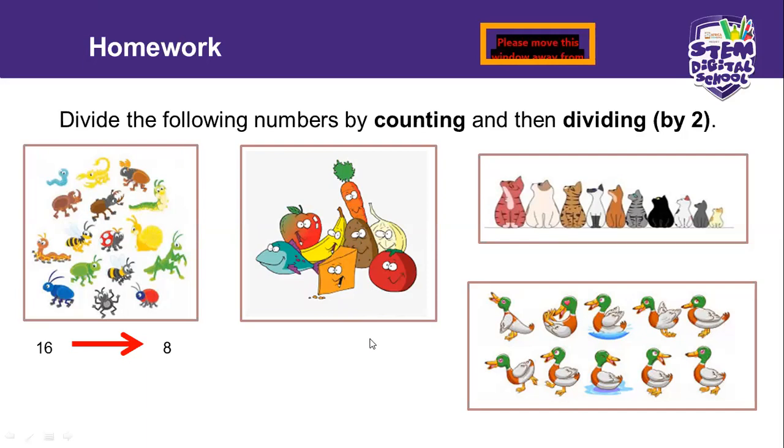And then 8 divided by 2, or 8 shared equally, what will be your answer? 16. Ma'am? What's the answer? 6. Okay, let's double check the answer.